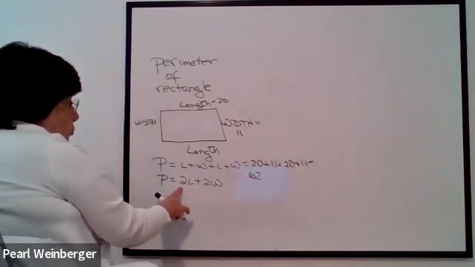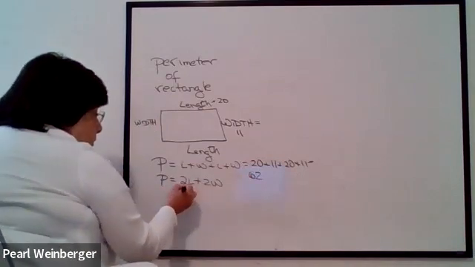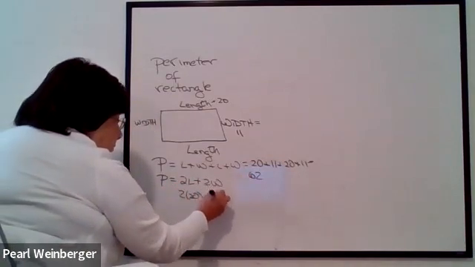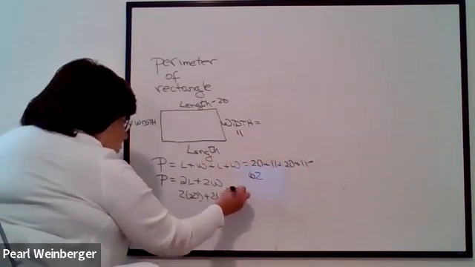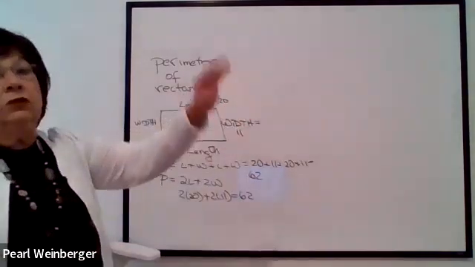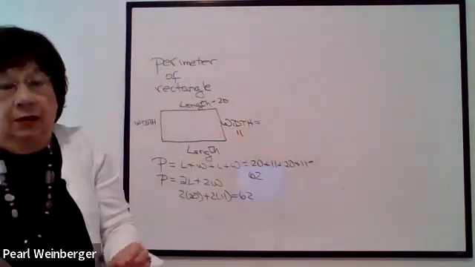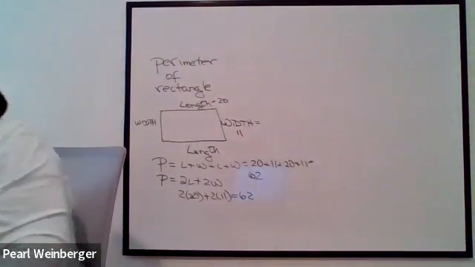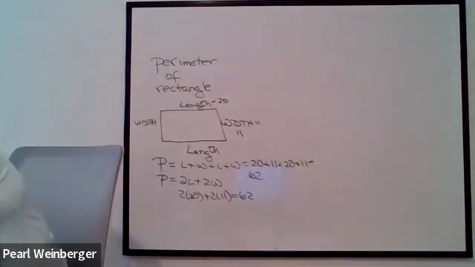Or you could have done 2 times 20 plus 2 times 11, which would have also given you the 62. In other words, your perimeter is all the sides added up.